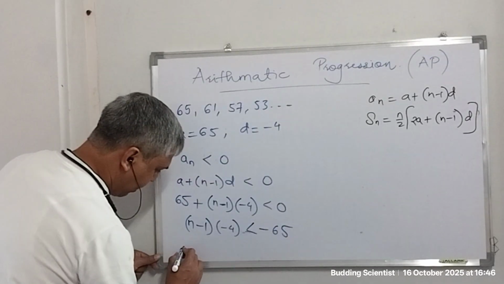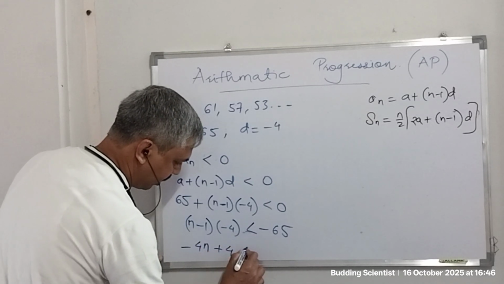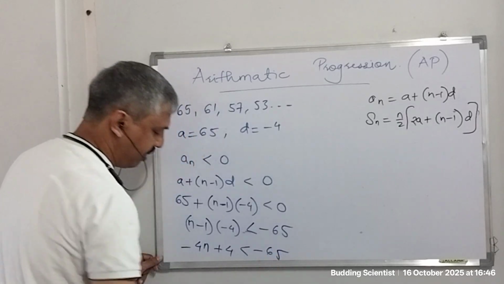Let's multiply this. Minus 4n plus 4 is less than minus 65.